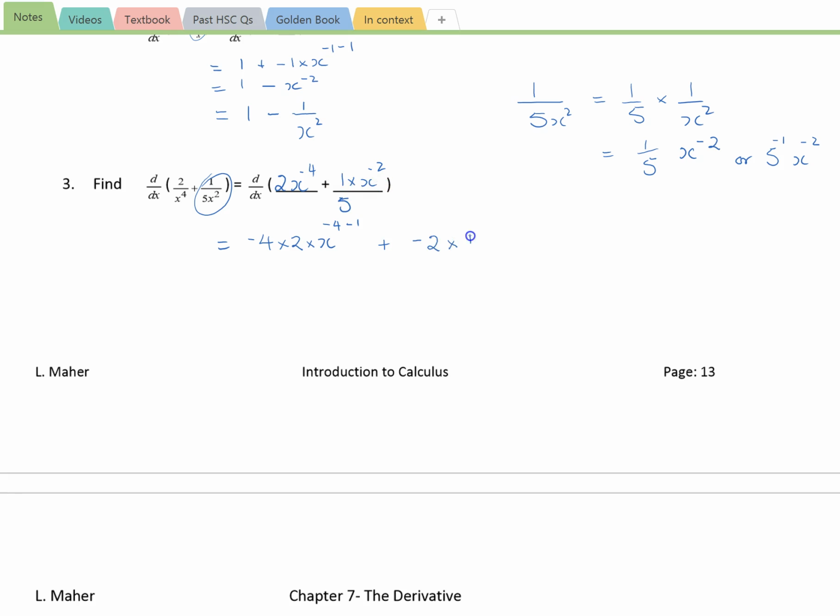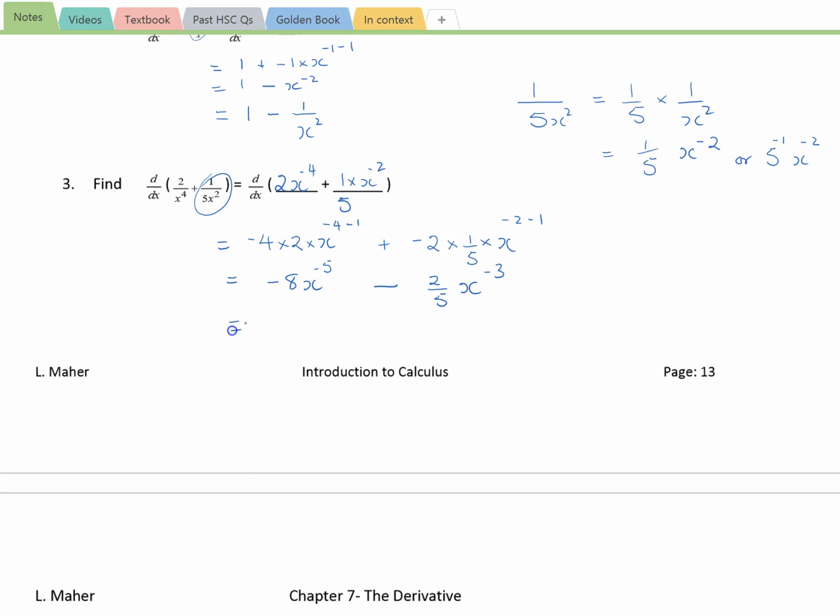I'm going to multiply it by that number, 1 on 5, and I'm going to subtract 1 from the index. I'm now going to call that minus 8x to the minus 5. And when you add a negative, it's the same as subtracting. 2 over 5, 2/5. X to the minus 3.